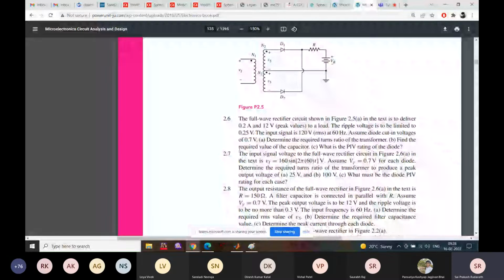So peak inverse voltage will be 2 times the maximum voltage minus V gamma.